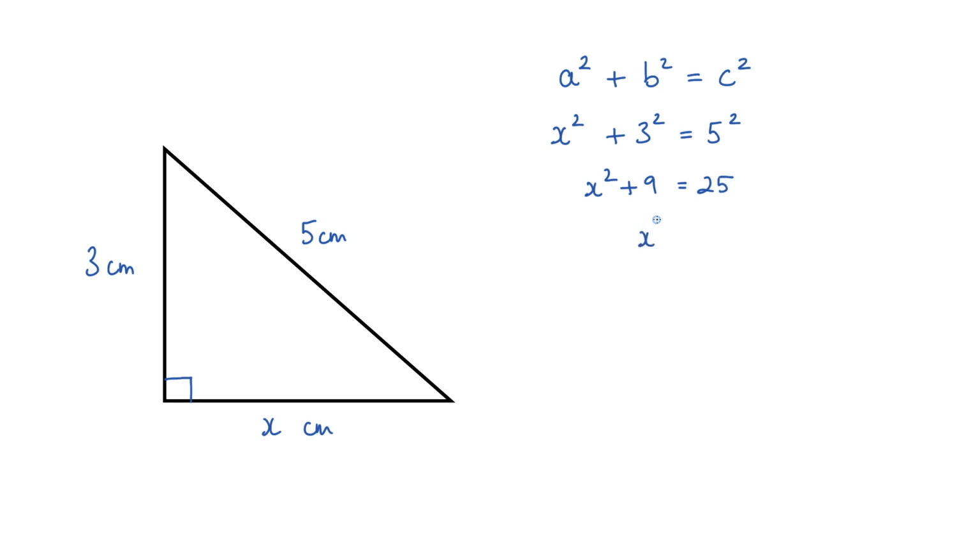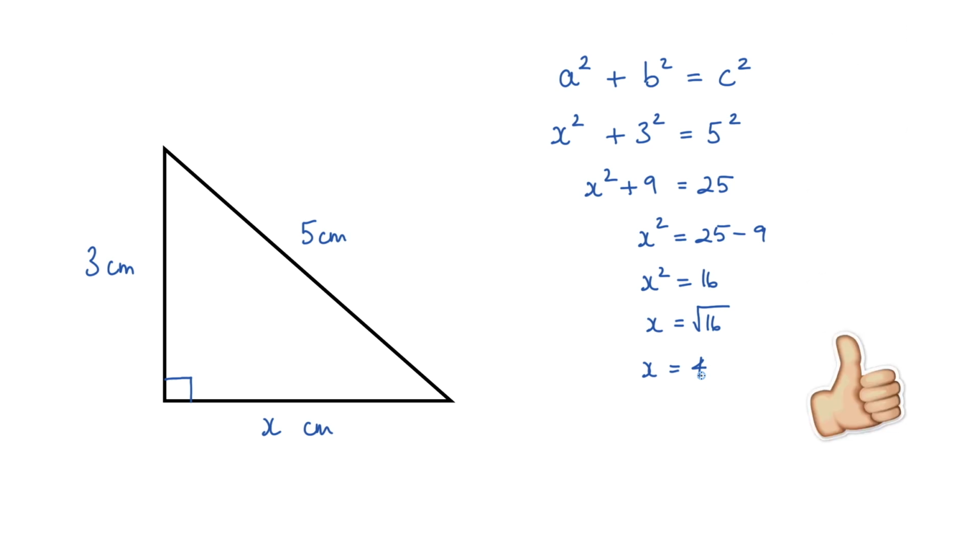Rearrange this to give x squared is equal to 25 minus 9. X squared is equal to 16. So square root of both sides will give x is the square root of 16, in which case x is equal to 4.